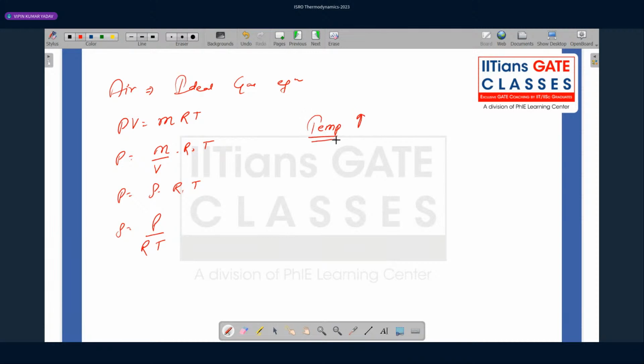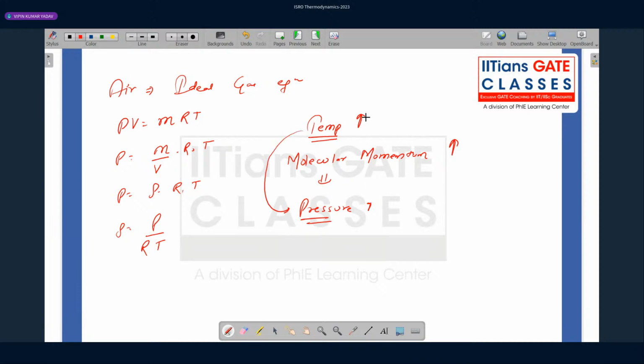When temperature increases, that means molecular momentum will increase. Molecules will start moving very frequently. They will start colliding with each other, and it will also increase the pressure. So basically, pressure increase is a byproduct of temperature increase.